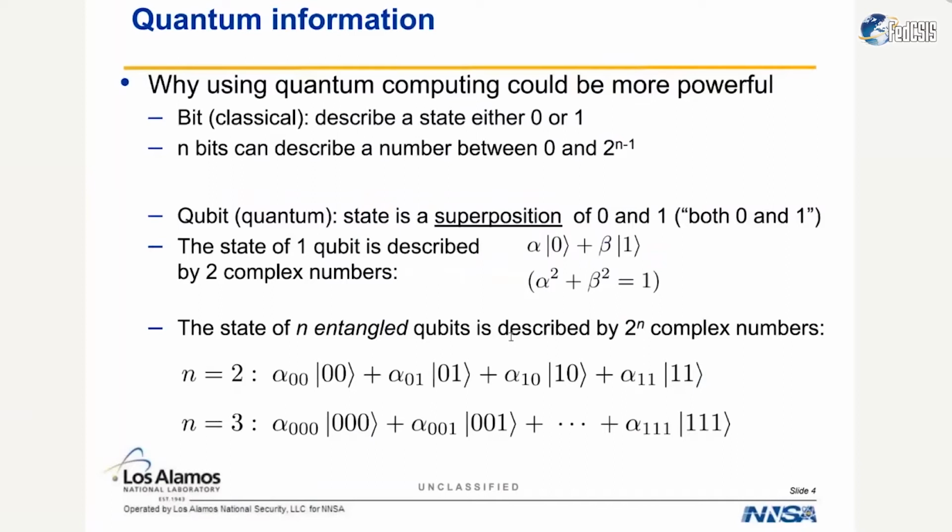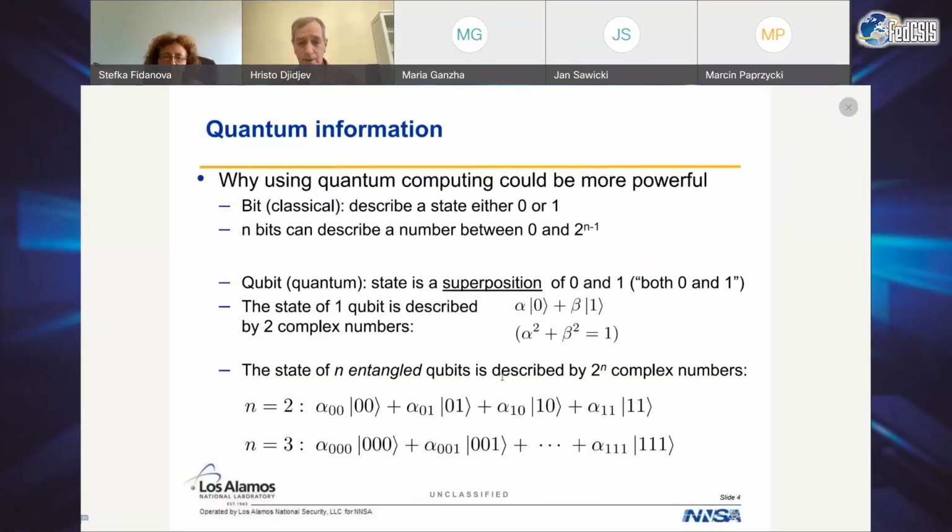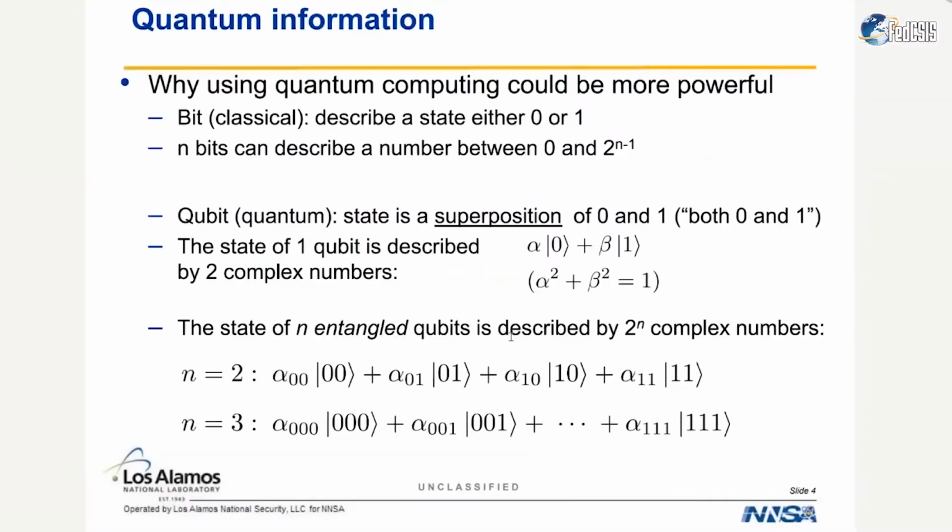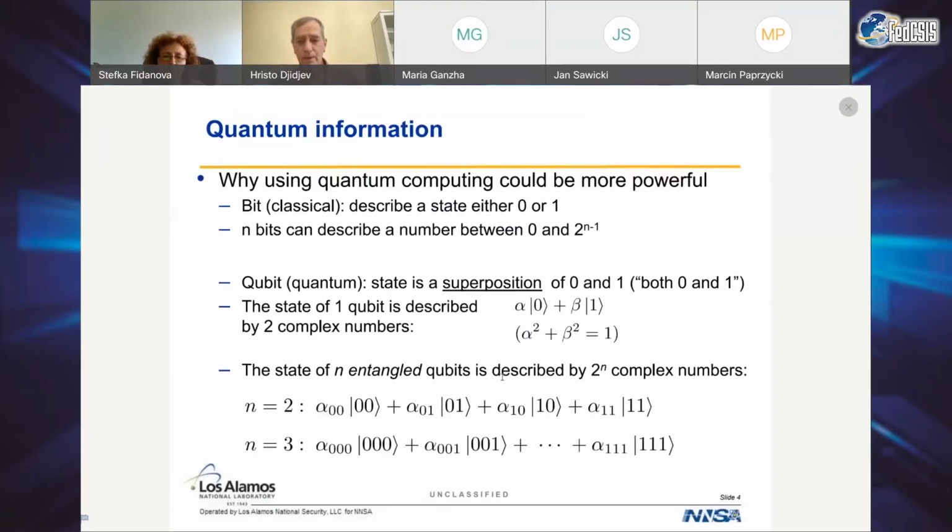The quantum analog is a qubit. It represents one unit of quantum information, and we can think of it as being a superposition of 0 and 1, or as people say, it represents both 0 and 1. Specifically, the state of one qubit can be represented as a linear combination of |0> and |1>.